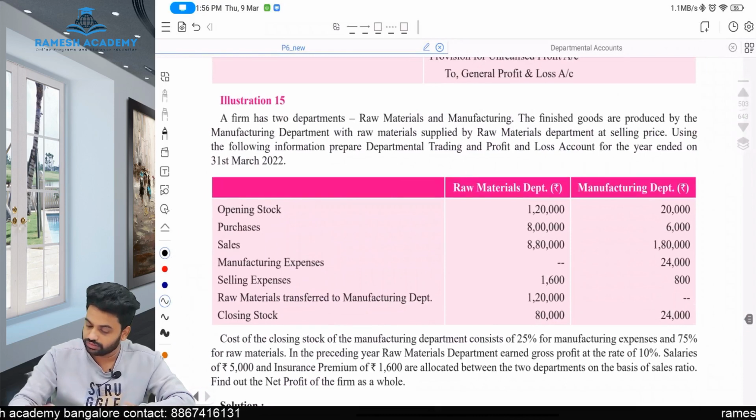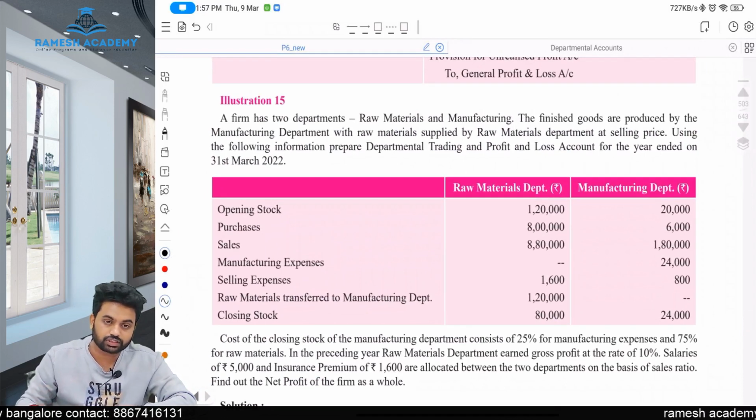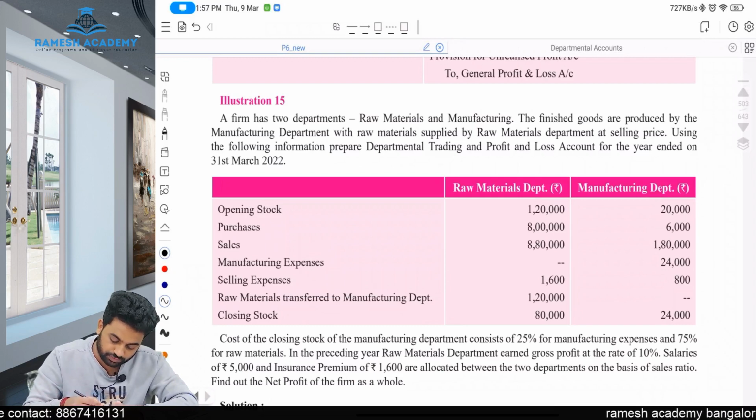Let's see one illustration, we will understand. We will start with illustration number 15.